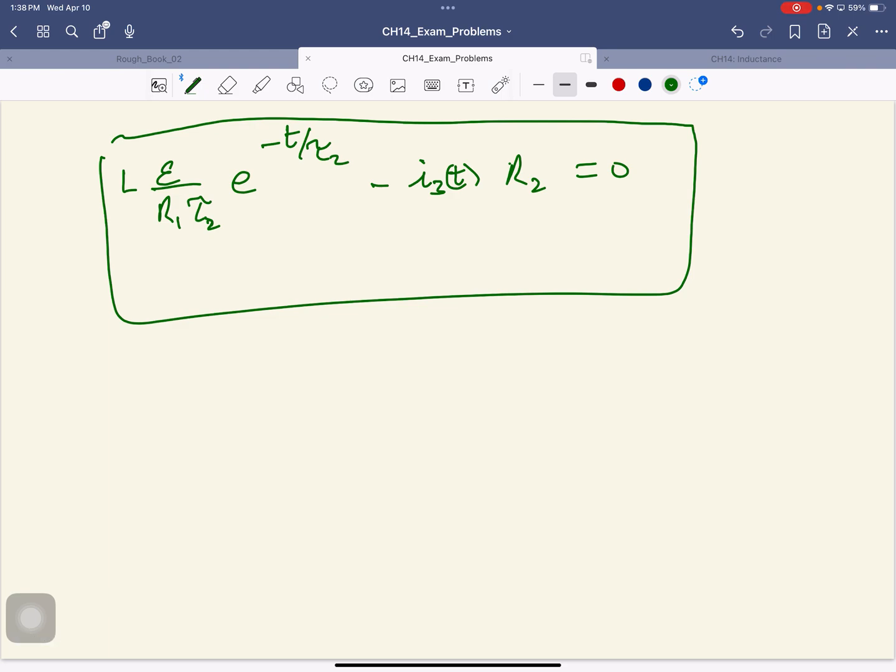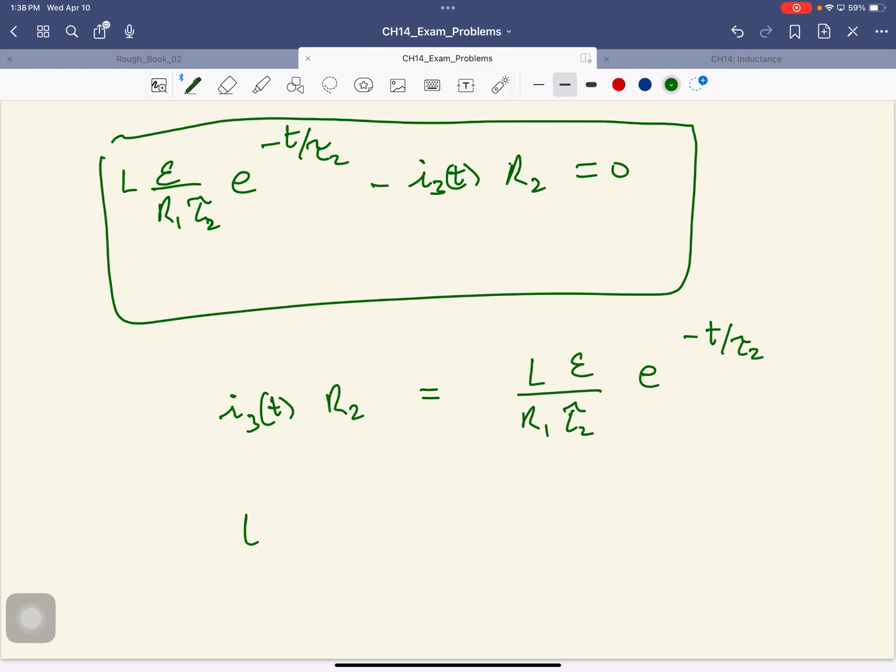From this equation, we can solve for I3(t) times R2 equal to L E over R1 tau 2 times e to the power of minus t over tau 2.